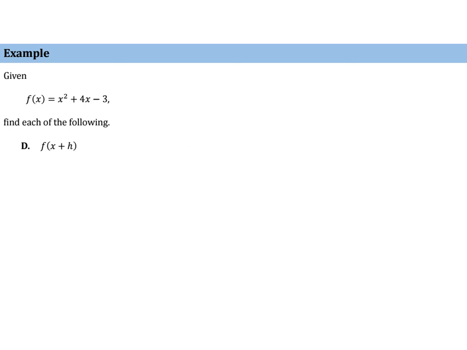Now let's look at part D, f of x plus h. So everywhere we see x, we will replace with x plus h. So we're going to square that, plus 4 times that, minus 3. So we will replace x with x plus h. So now squaring x plus h. That's x plus h times x plus h, which is something that we need to FOIL.